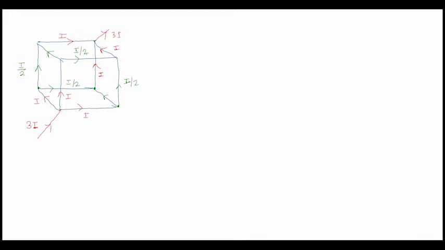The first technique which we use over here is to draw this diagram in another way. If I consider this end as A and this end as B, we are drawing it in this way, that the current passing from A is divided into three resistors which are equipotential.